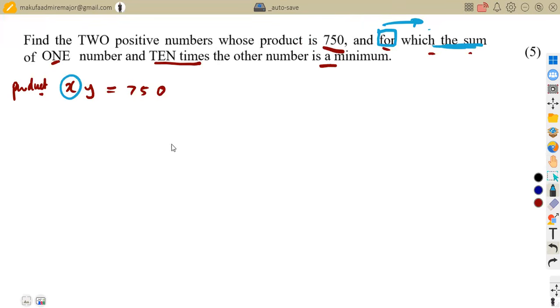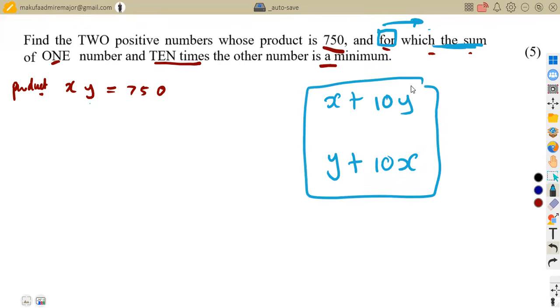If I consider my first number to be x, it means I'm going to have x plus, that is the sum, 10 times the other number, which is y. If I consider my first number to be y, it's going to be y plus 10 times the other number. The other number is x. So it's going to be 10x like this. So these were the 2 expressions that we are talking about.